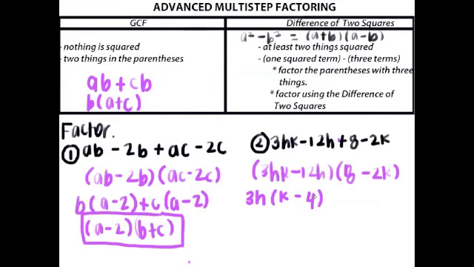Let's see with this guy. In this one, they both have a 2 in common, so let's pull out a positive 2. So what's left is 4 minus K. Okay, so we're kind of close actually, right?